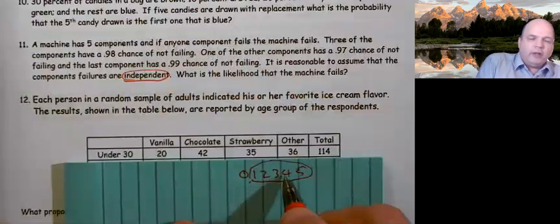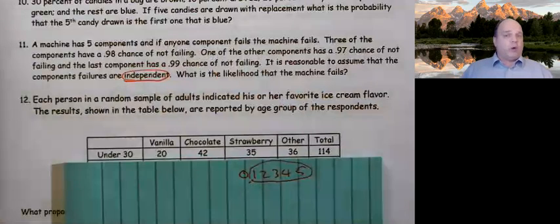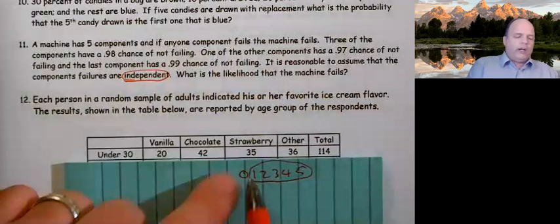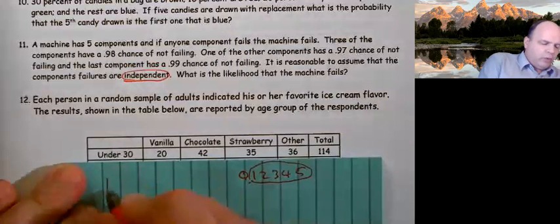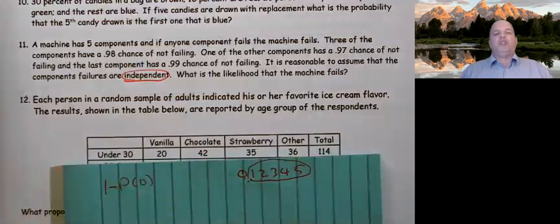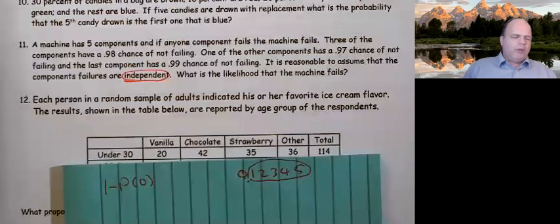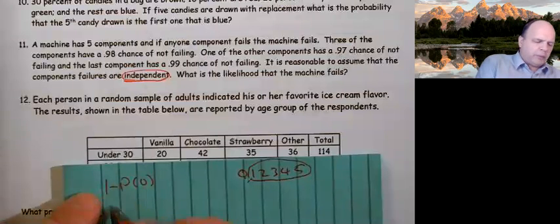So I could figure out the probability of each one of those. It's a whole lot of work. Or I could find the probability that it doesn't fail. So 1 minus the probability of 0 failing. Well, the probability that none of them fail means 1 minus the probability that they all work.